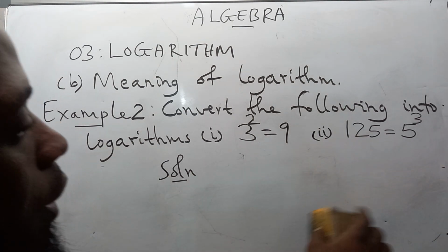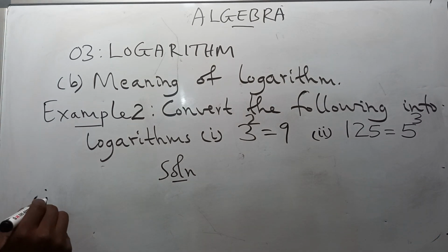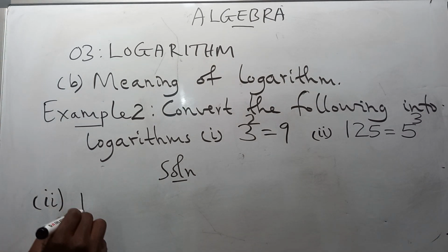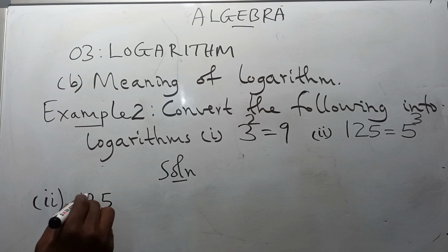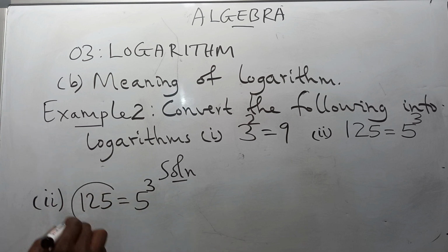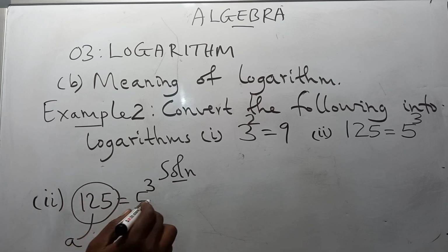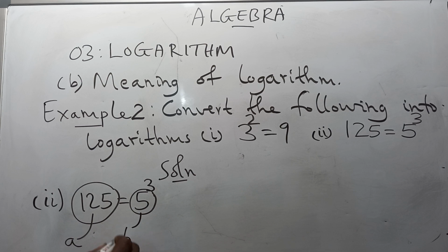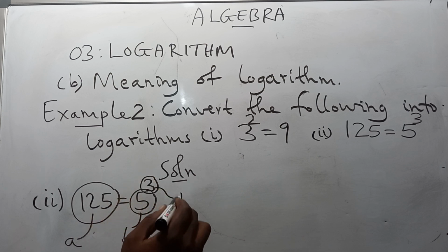Part 2: 125 is equal to 5 raised to the power of 3. 125 is the given number, 5 is the base, and 3 is the power.